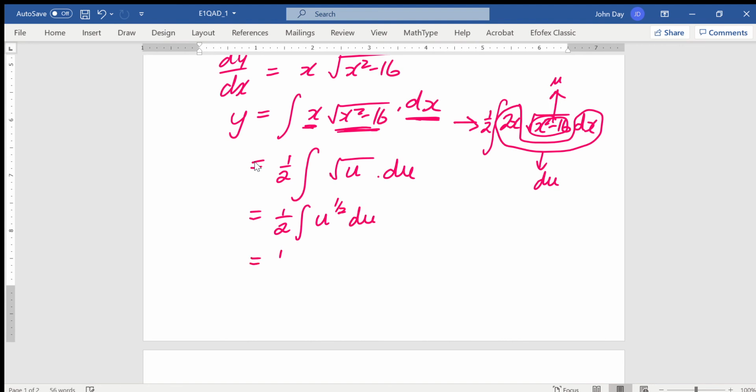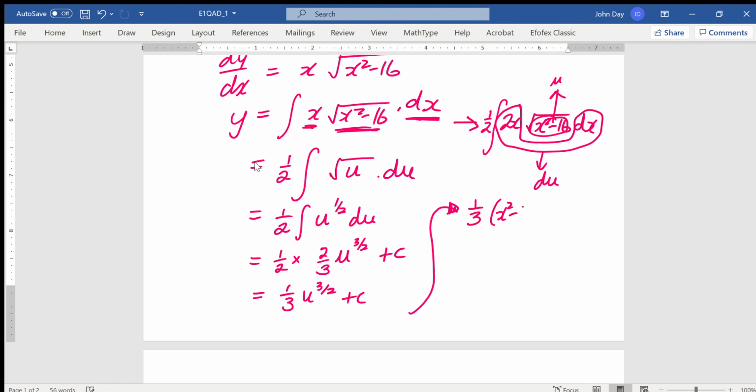So that's a half times u to the 3 on 2, times 2/3. So I end up with a third u to the 3 on 2, plus c. And I need to replace back in because I haven't got a definite integral. So it's a third, and then u is x squared minus 16, to the 3 on 2 plus c.